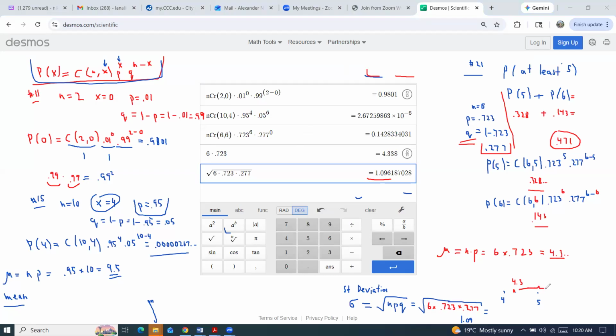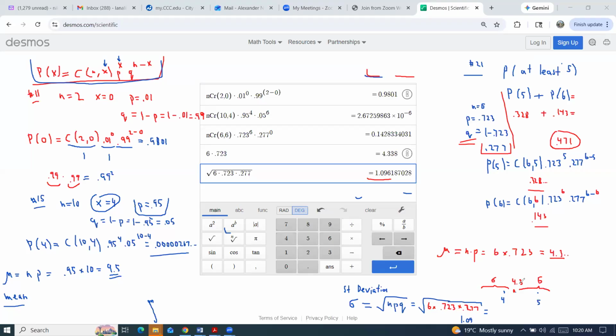In this situation, we can have only either 4 planes or 5 or 6. So if that's our standard deviation, 1.09, I can go by standard deviation to the left and to the right. If you remember, we already did it in the previous chapter.